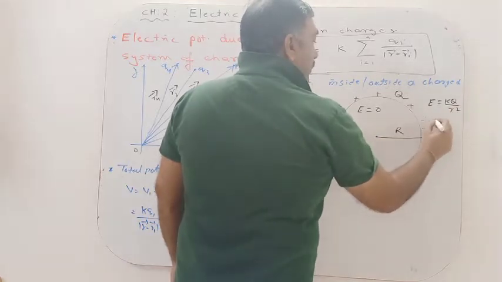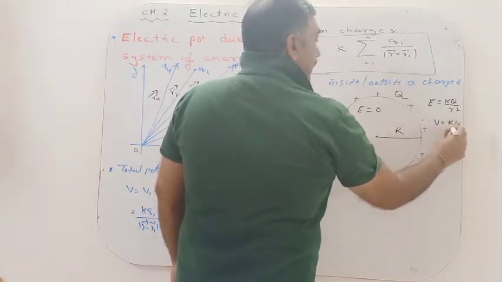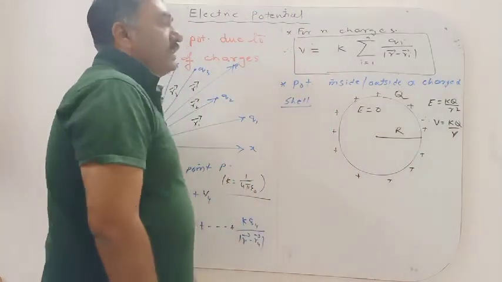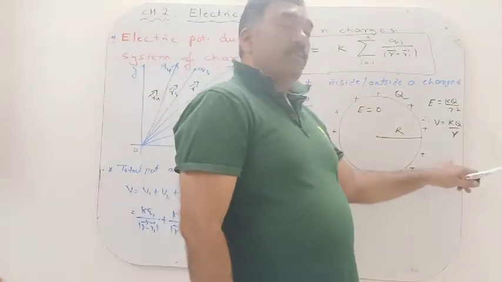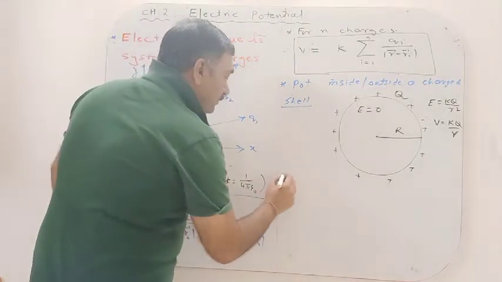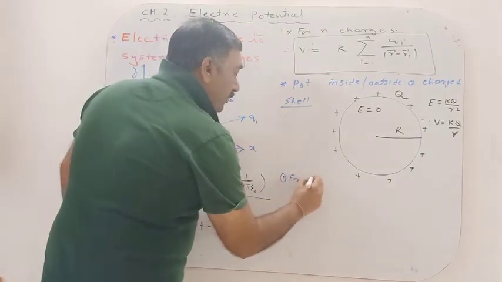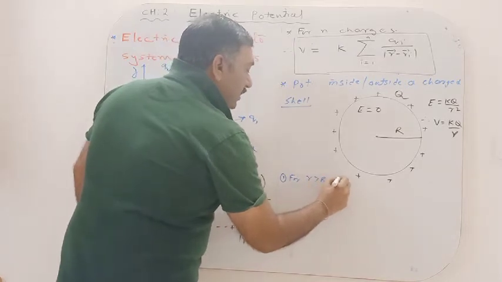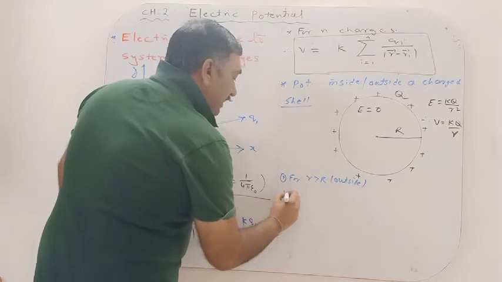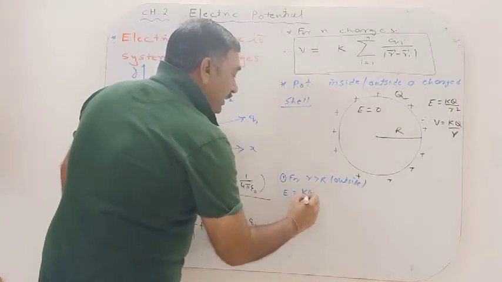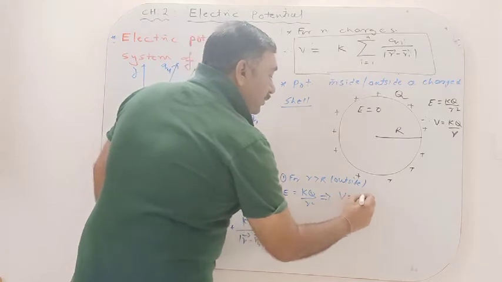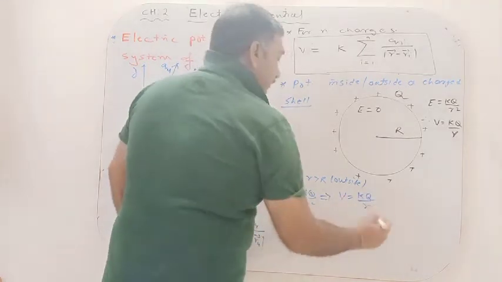So therefore the potential is also kq by r. We already derived this last time: if the electric field is kq by r square, then the potential is kq by r. So first, for all points r greater than capital R, that is outside, the electric field is E equal to kq by r square, which implies the potential becomes V equal to kq by r.